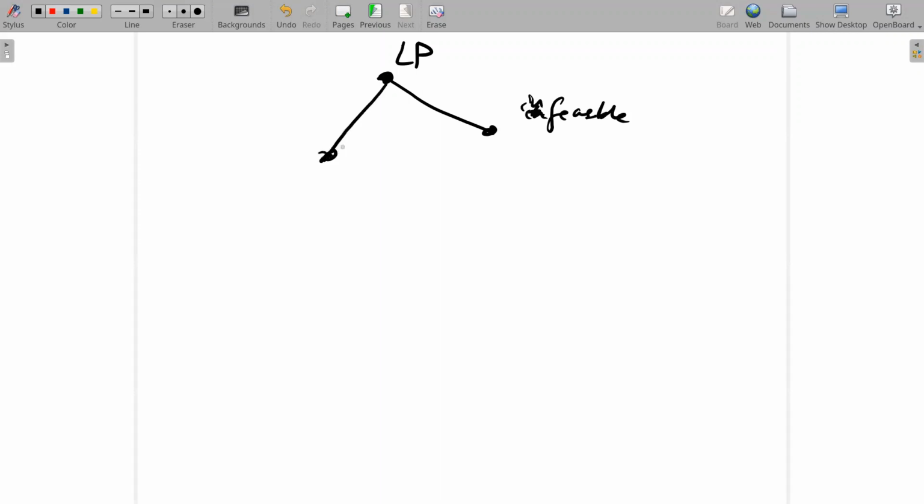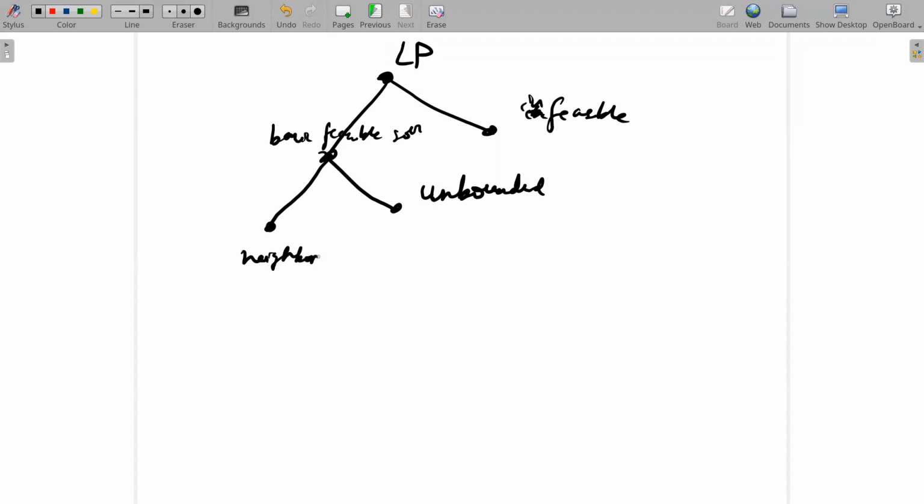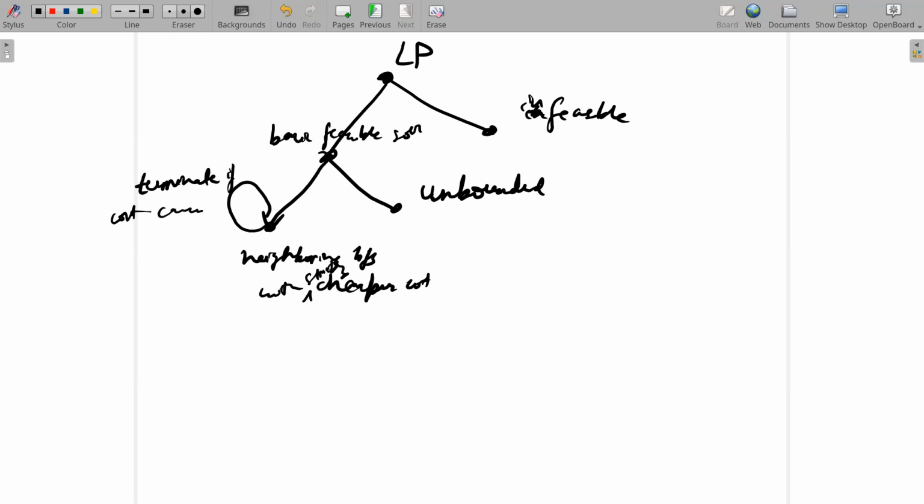So if it is infeasible, or you find a basic feasible solution, and then you say unbounded, or then you go to a neighboring BFS with cheaper cost, and then you loop around, and you terminate if cost cannot be strictly cheaper.